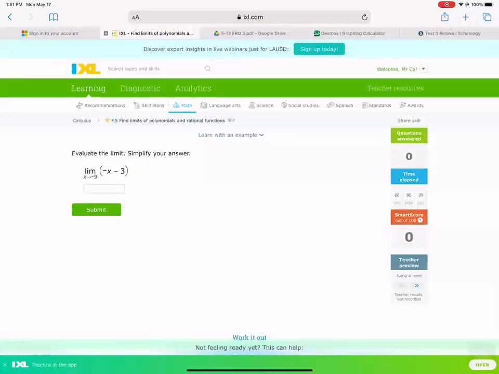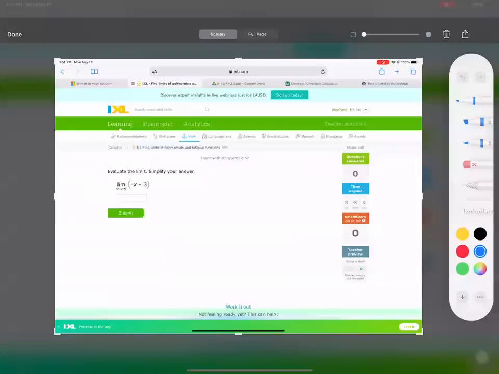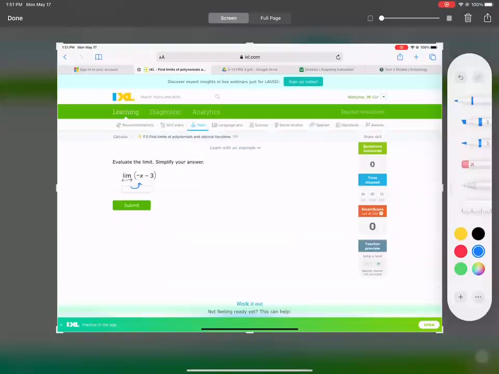We're just going to plug it in. If I plug in -9, the limit as x approaches -9 of -x minus 3 is -9 minus 3. Now, if you notice when I plugged it in, I don't write limit. No more limits. Once I plug it in, I don't write limits anymore. Is equal to 9 plus 3, which is 12.